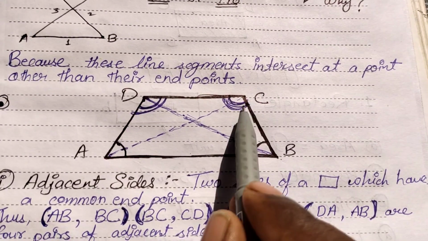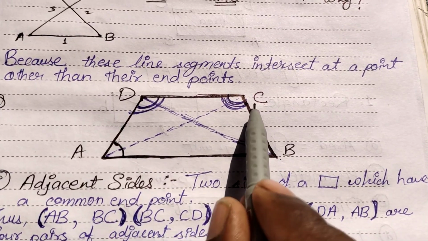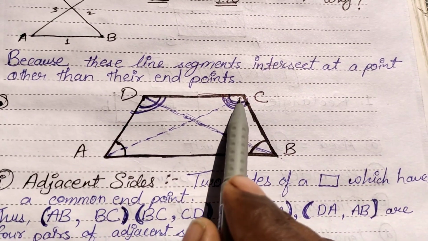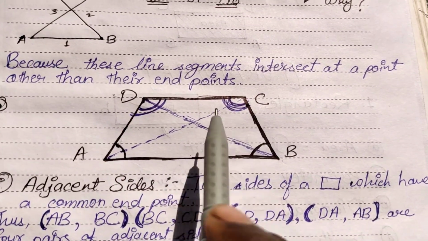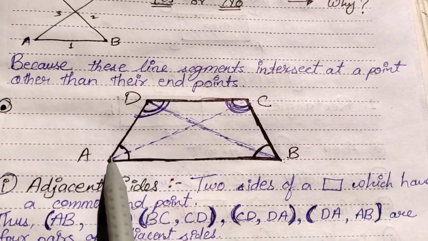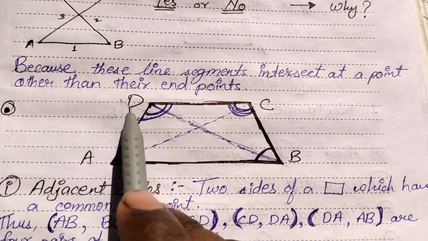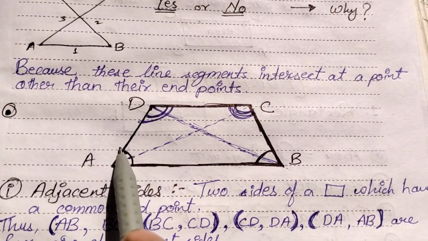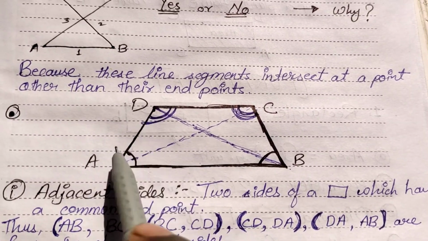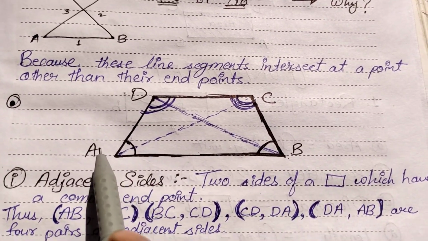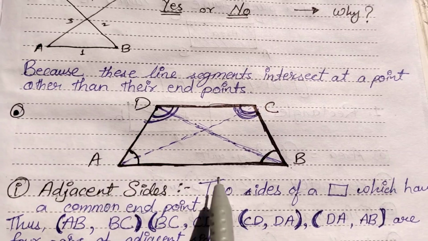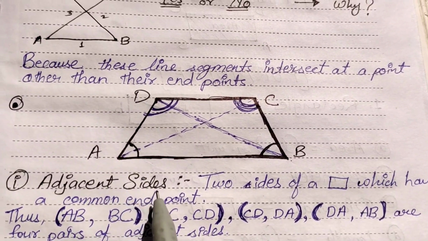BC and CD, C is the common point, so BC and CD are adjacent to each other. In CD and DA, D is the common endpoint, so CD and DA are adjacent to each other. And in DA and AB, A is the common point, so DA and AB are adjacent to each other.